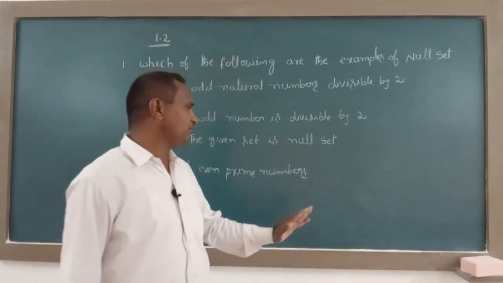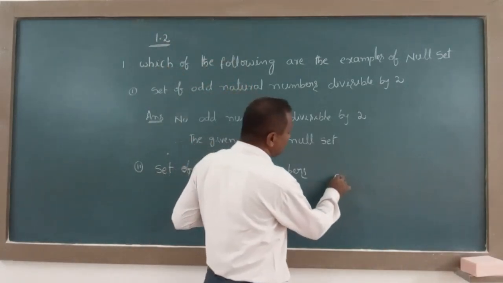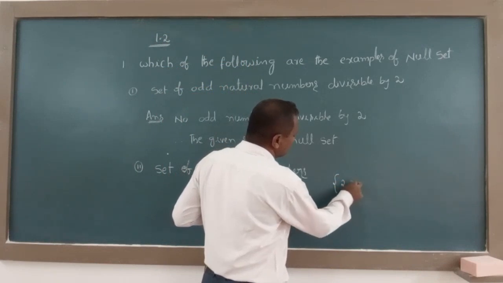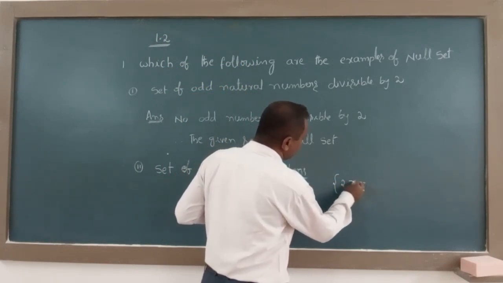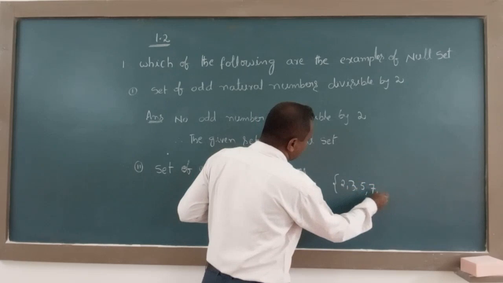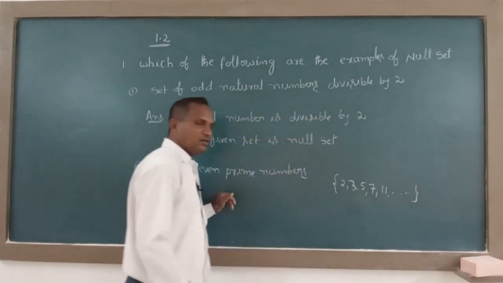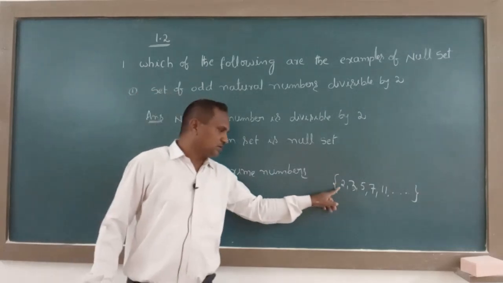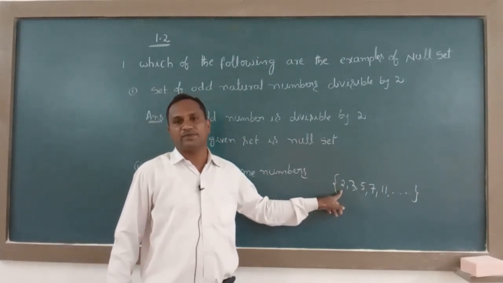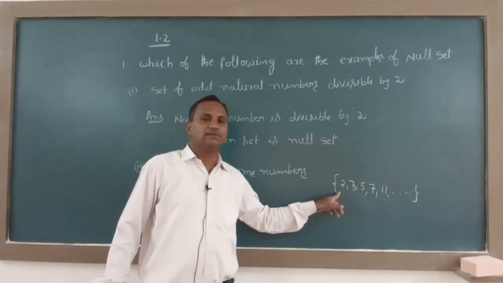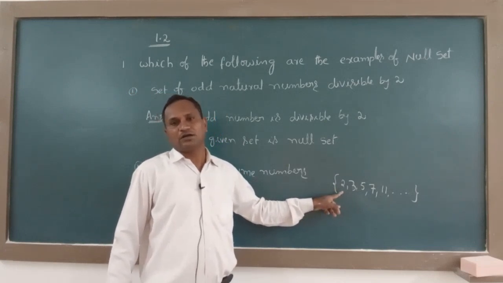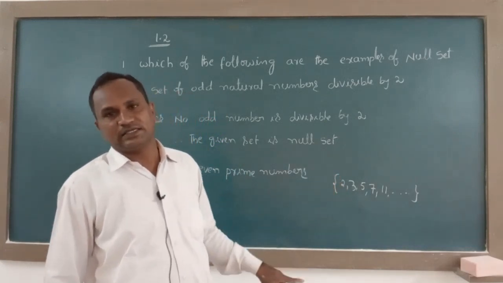See, on the rough side, if you write the prime numbers here: 2, 3, 5, 7, 11, and so on like this. Among all those, 2 will come. Here 2 is an even number and at the same time a prime number. That's why we call 2 the even prime.